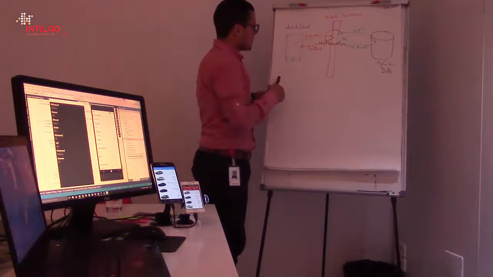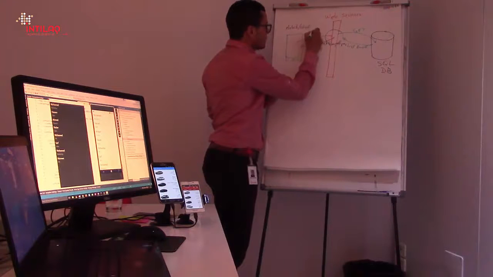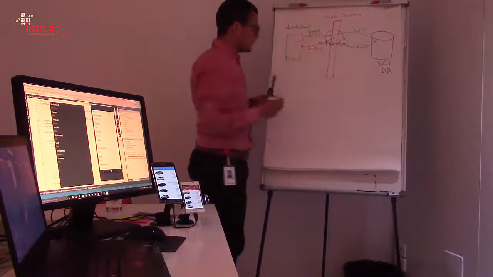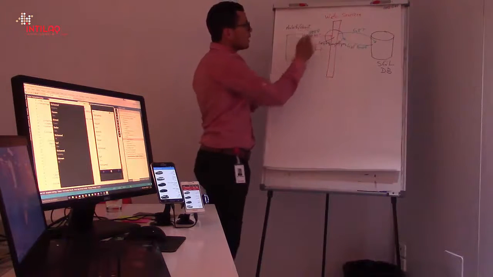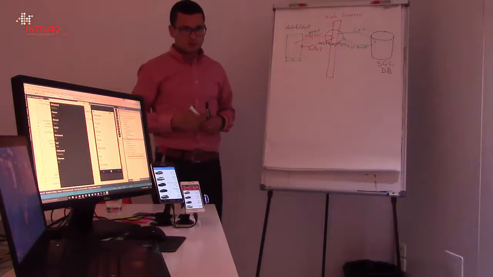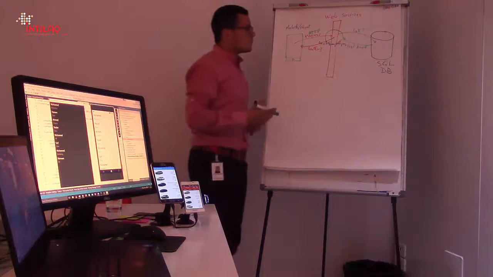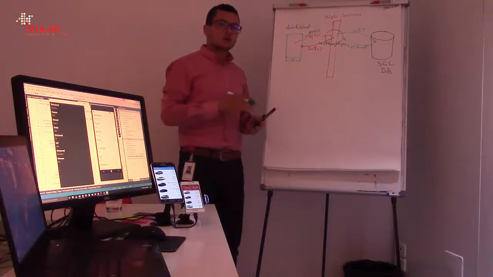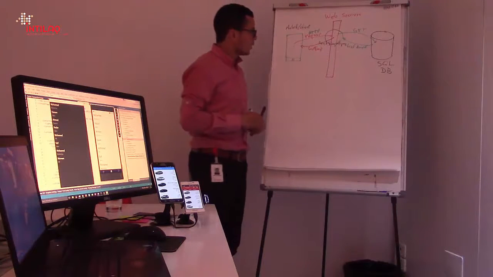So here, I'll go and draw it. Here it uses HTTP. For that, in most cases we talk about REST web services. Those web services that are built on top of HTTP.